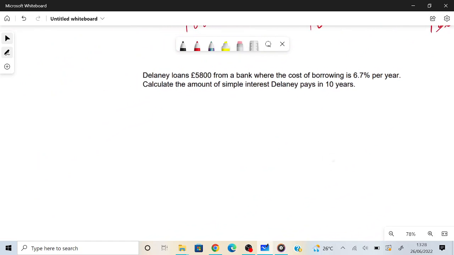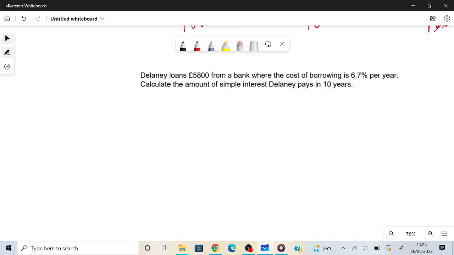Next example, we have Delaney loans £5,800 from a bank where the cost of borrowing is 6.7% per year. Calculate the amount of simple interest Delaney pays in 10 years. So let's get our information.